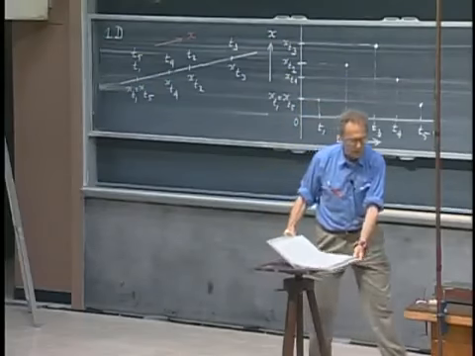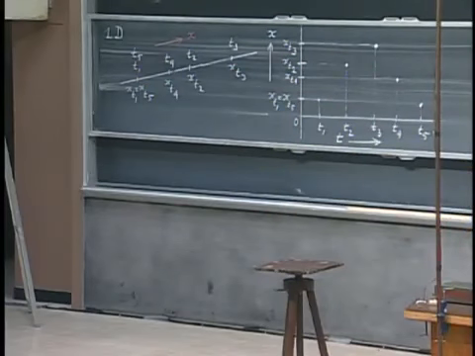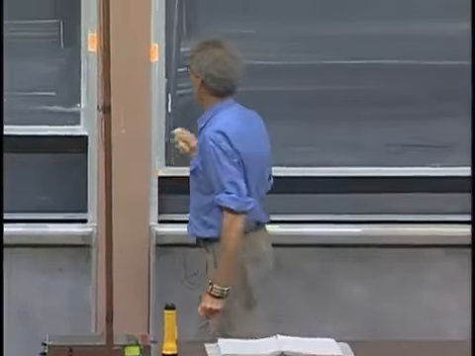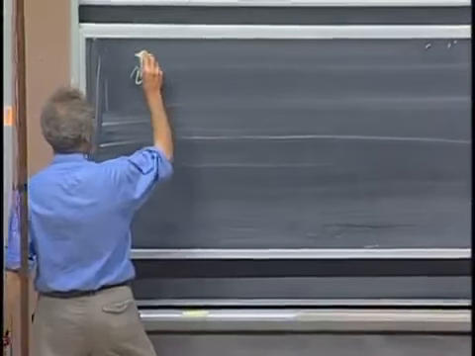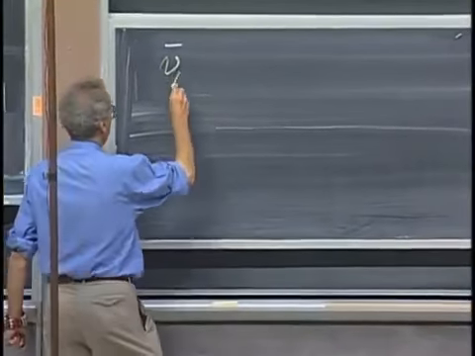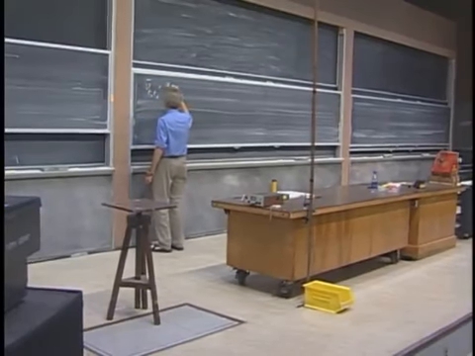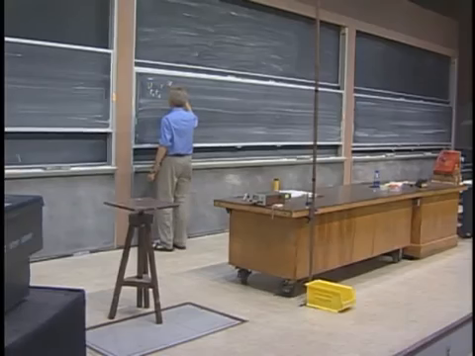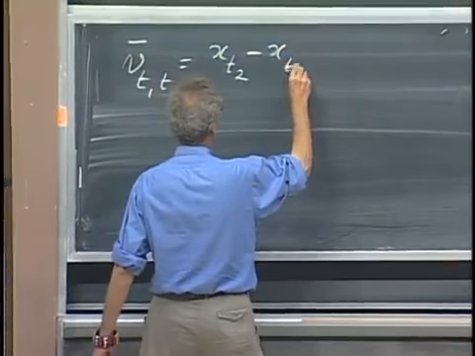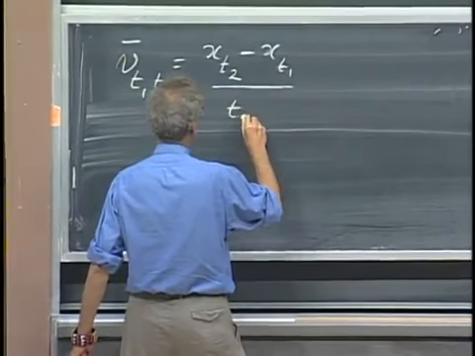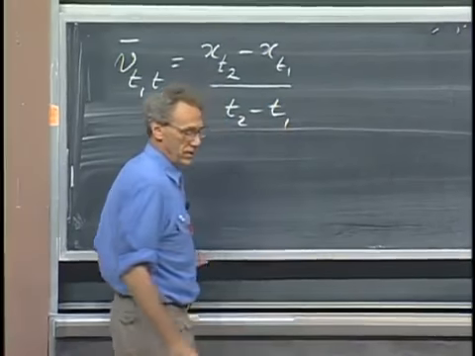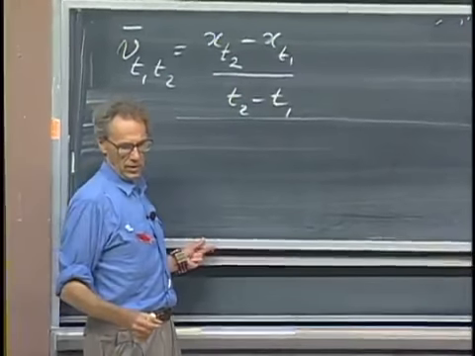Now we will introduce what we call the average velocity. I put a bar over it. That stands for average. Between time t1 and time t2, we define in physics as x at time t2 minus x at time t1 divided by t2 minus t1. That is our definition.